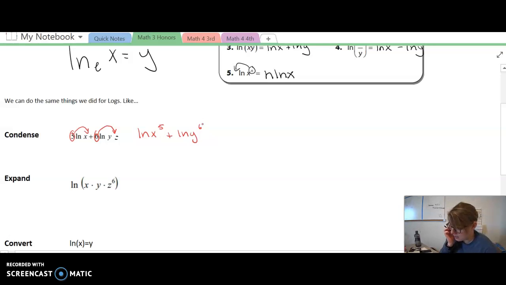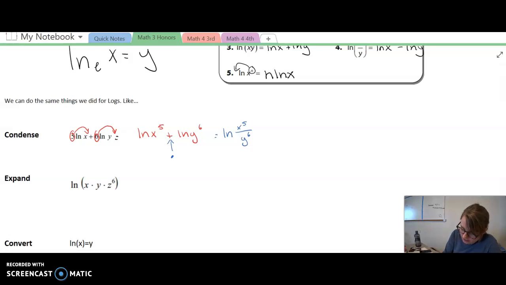And then my next step is condensing this, because this plus sign means multiplying the innards of the natural logs. So this is going to be the natural log of x to the 5th over y to the 6th.